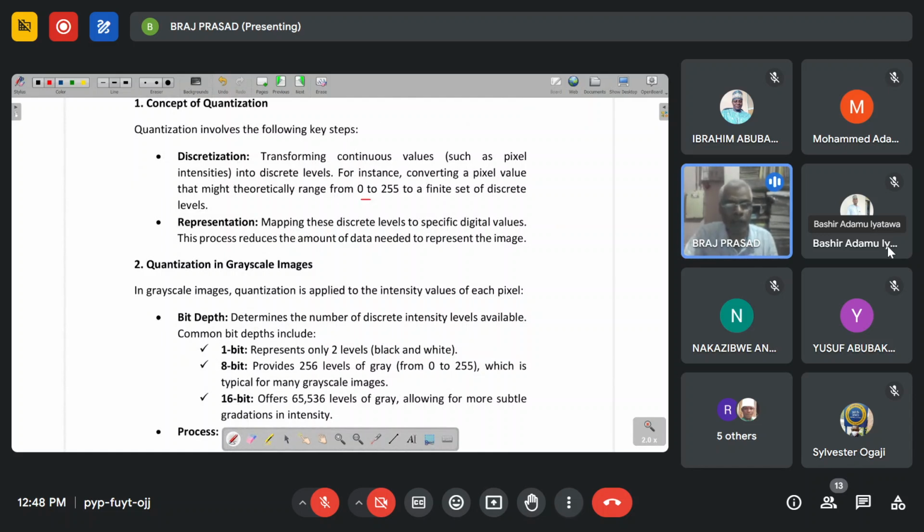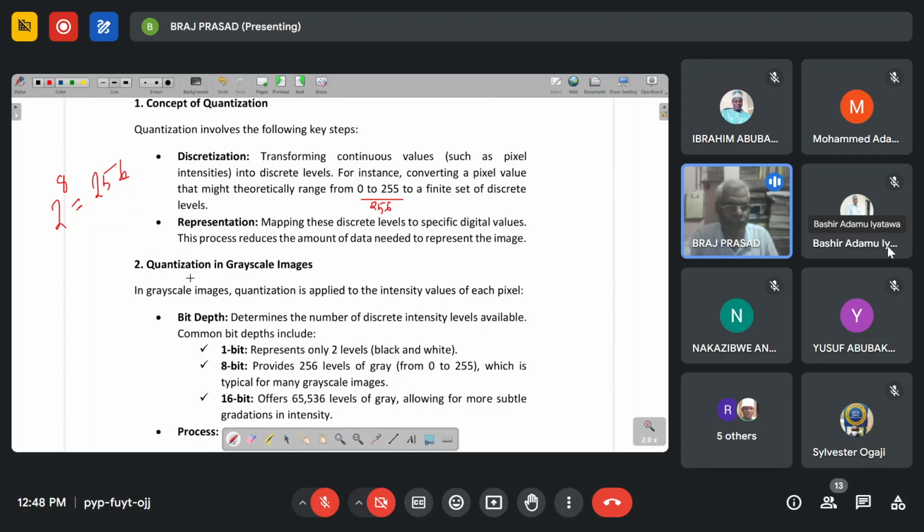Discretization values are from 0 to 255, which means 256 values. If we use 8 bits, 2 to the power 8 equals 256. Each pixel has 8-bit information, so it can range from 0 to 255, a finite set of discrete values.